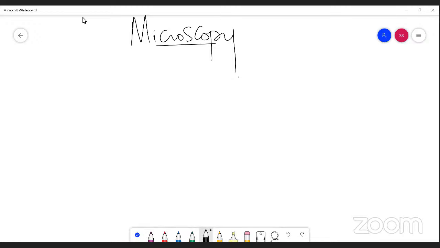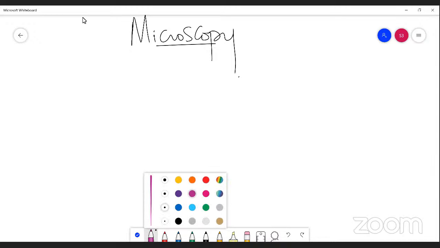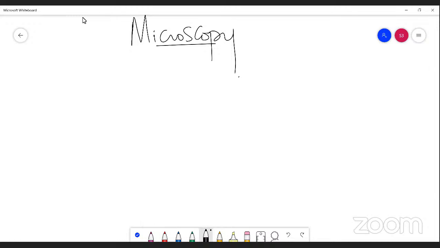So we have discussed several types of microscope, right? And once again, let me point out, they are the simple, compound, bright field and electron microscope. Already we have discussed several types, and let us continue with some more types. The first one is the bright field microscope, and the second one is the electron microscope.